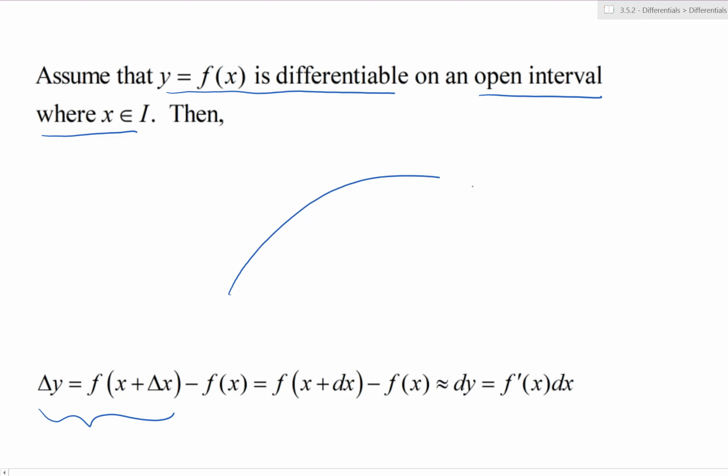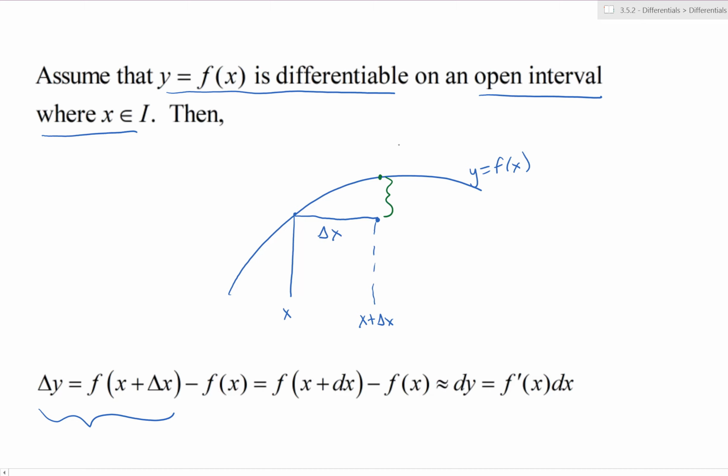So here's my function, y is f of x. Here is my location, x. If I move out delta x units to some other x, then we will be at x plus delta x, and the corresponding change here is going to be this amount.